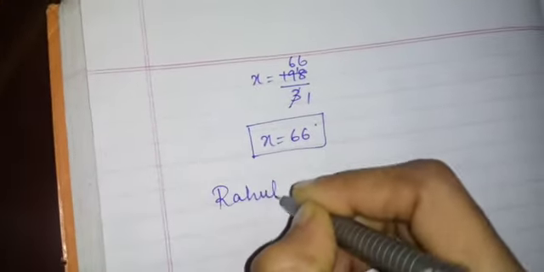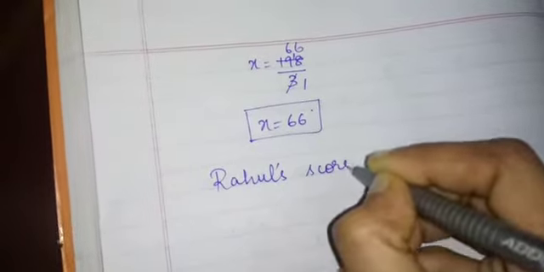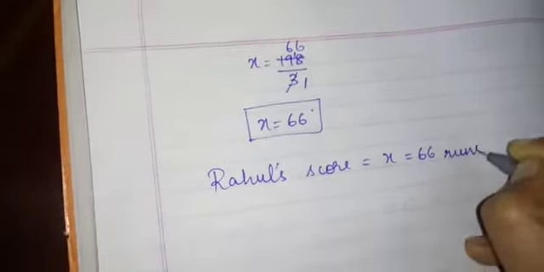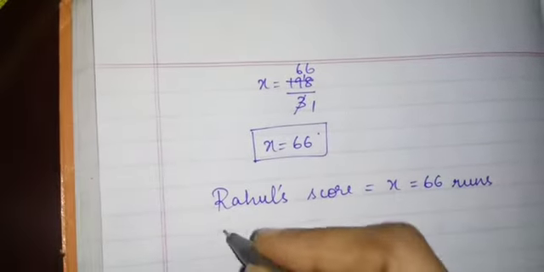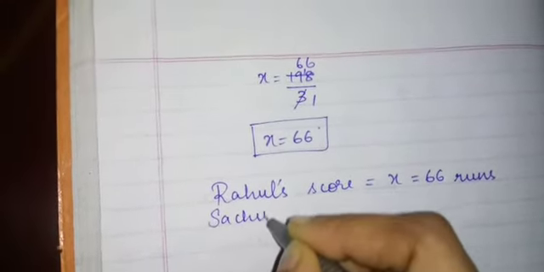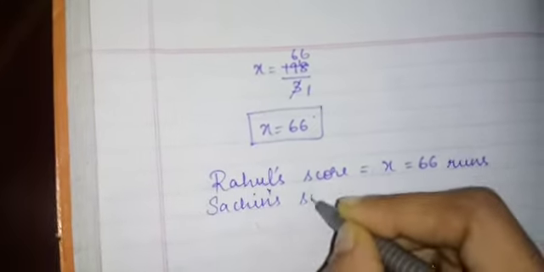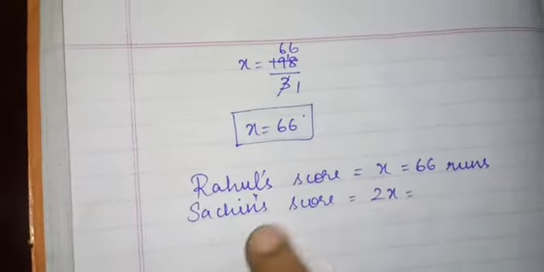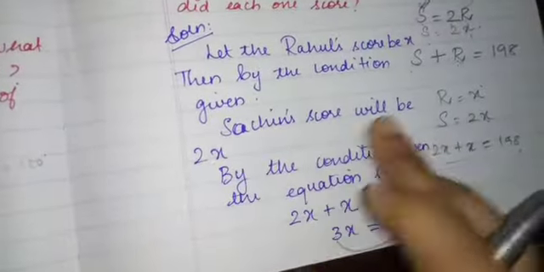So actually, what is Rahul's score? Rahul's score is x, so Rahul's score is 66 runs. Now what is Sachin's score? 2x, right? Sachin's score is 2x, because see here, I have written Sachin's score will be 2x.